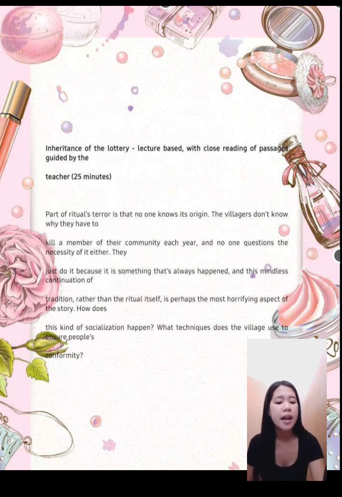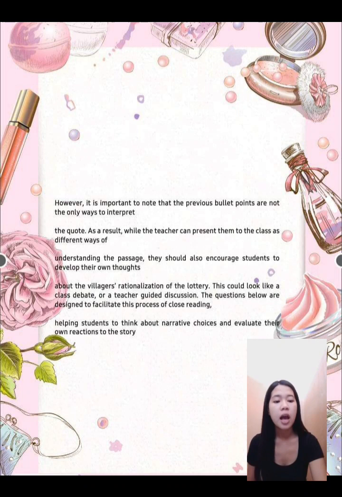How does this kind of socialization happen? What techniques do the villagers use to ensure people's conformity? However, it is important to note that the previous bullet points are not the only ways to interpret the passage.